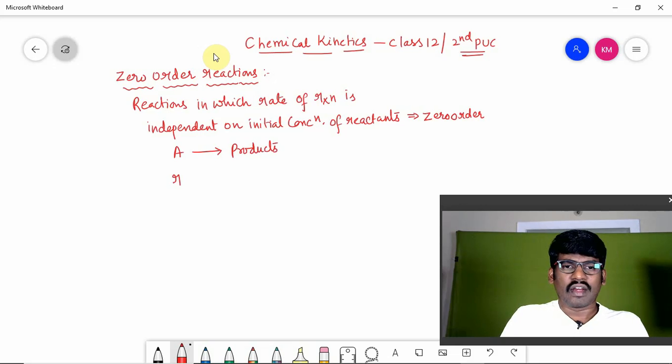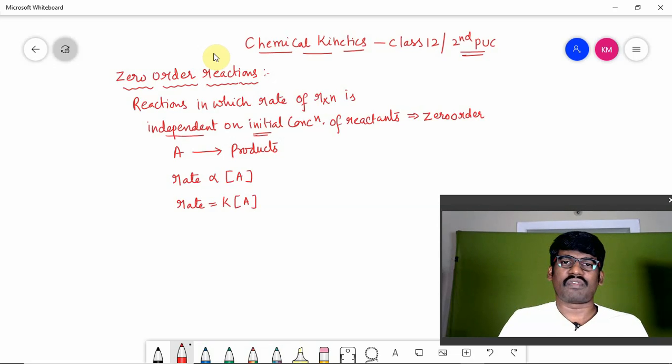Suppose you consider a reactant A which is giving products, then rate is directly proportional to the concentration of A, right? If you replace the proportionality symbol with an equals sign, you get rate equals K into the concentration of A. But here the rate of reaction is independent of the initial concentration of reactants.